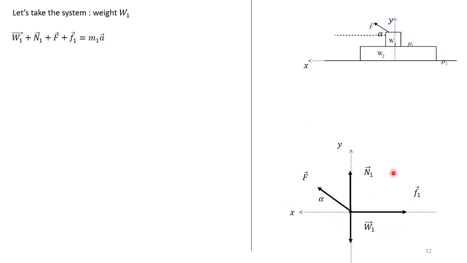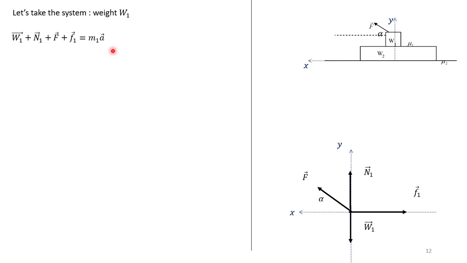So here again we draw the free body diagram showing W1 as a point. We have W1, we have N1, we have F and friction, but now the friction happens on the surface of contact between W1 and W2, where we have F1. So we apply the fundamental relation of dynamics on W1 and we find this equation.